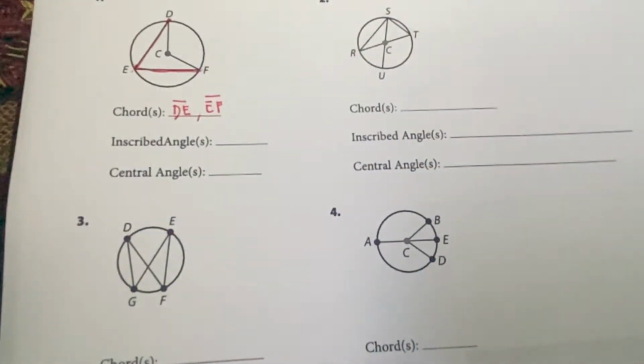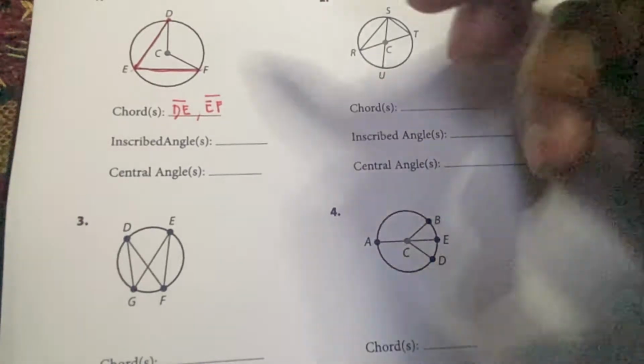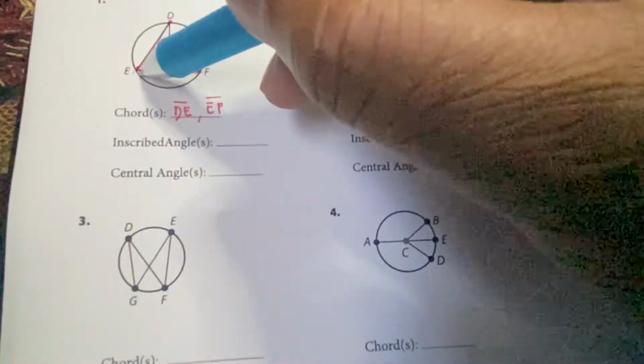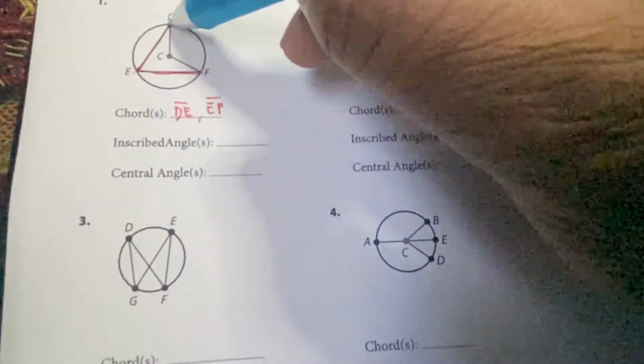Inscribed angle. I'll do that in blue again. My inscribed angle is where the vertex sits on the circumference and it's connected by 2 chords. So in this case, my inscribed angle is DEF or FED, however we want to go with that.